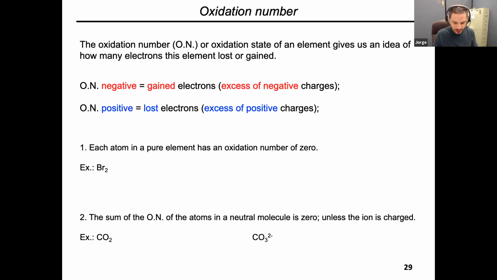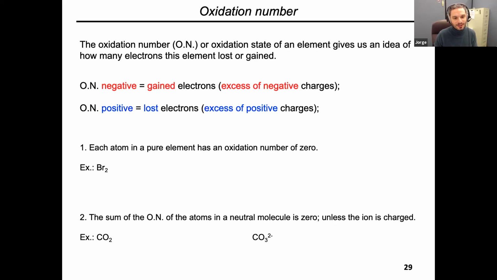Okay, so the idea here is that in a chemical bond, there is always a battle for the electrons. Some elements pull the electrons with more strength compared with other elements. This is a property of each element that we are going to tackle later on, called electronegativity.